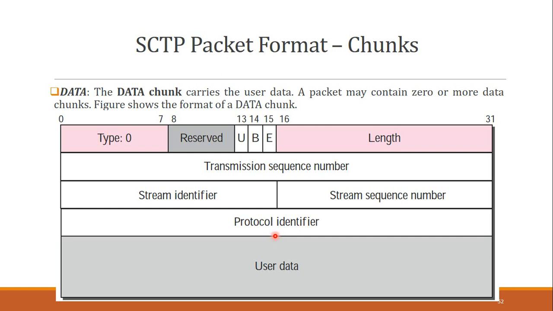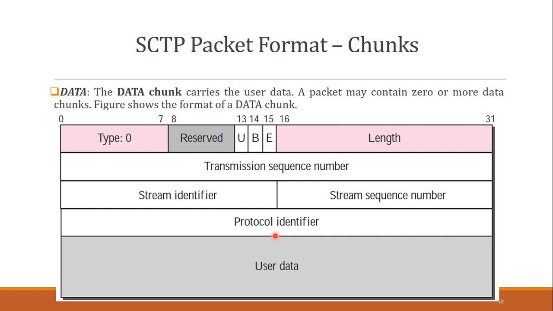These padding bytes are not included in the value of the length field. To give you an overall gist, a data chunk cannot carry data belonging to more than one message, but a message can be split into several chunks. The data field of the data chunk must carry at least one byte of data, which means the value of the length field cannot be less than 17.